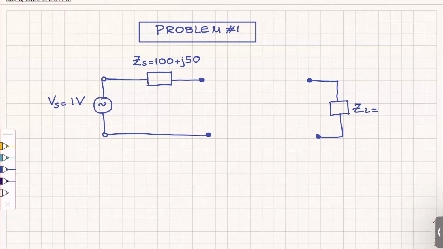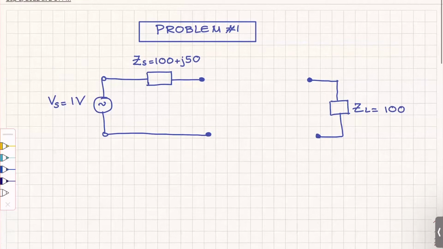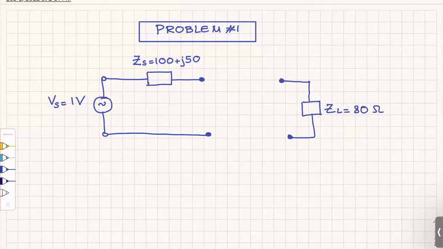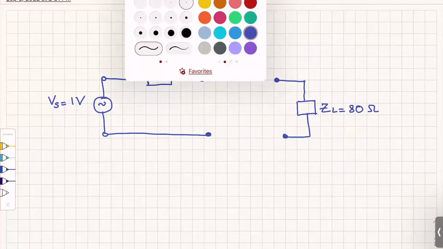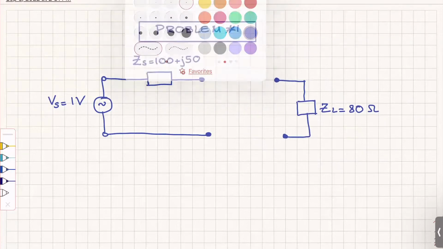Let's make the load 100 ohms, no, 50 ohms, or 80 ohms. And now the question is, what are we going to put in between to be able to get the maximum transfer of power from the source to the load?